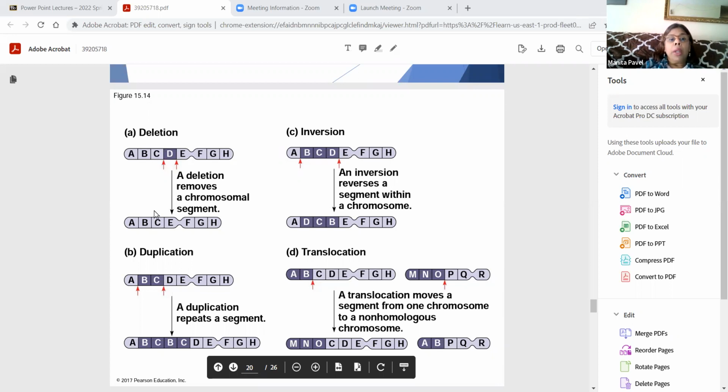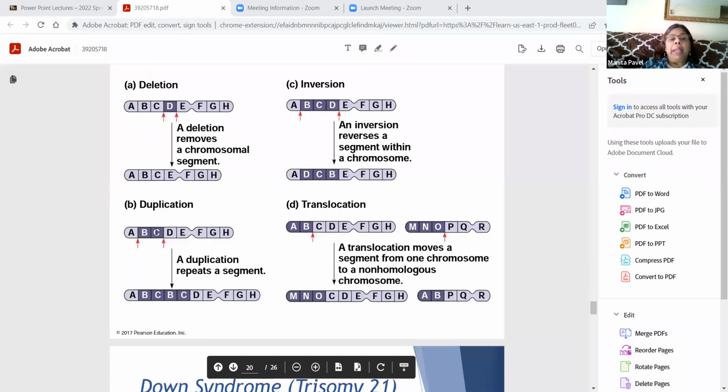And so you have only A, B, C, E, F, G, H. D is missing. Let's go to duplication. Now in this chromosome structure, you can see the letters B and C, those segments are repeated. So you have A, B, C, B, C, D, E, F, G, H.